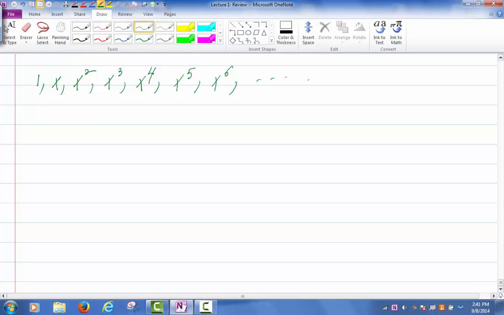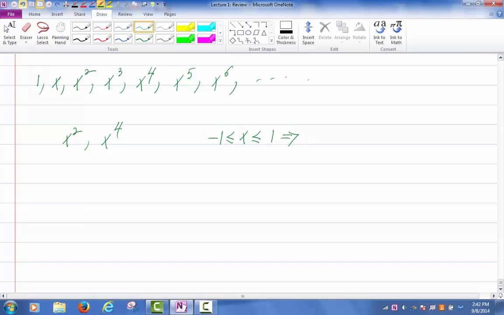First of all, what I want to do is compare the two functions, x squared and x to the 4. Now, if x is between -1 and 1, which function would be bigger, x squared or x to the 4?